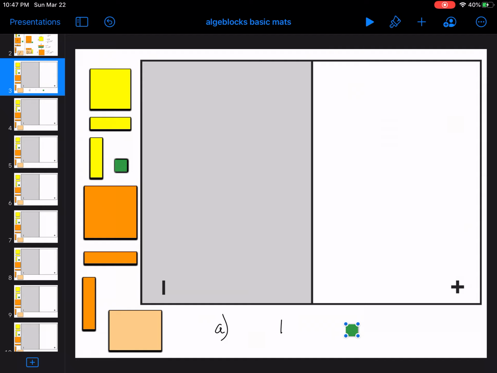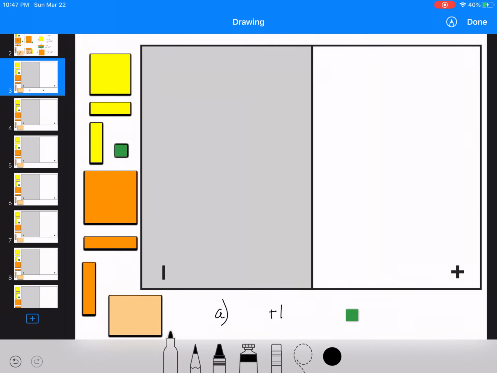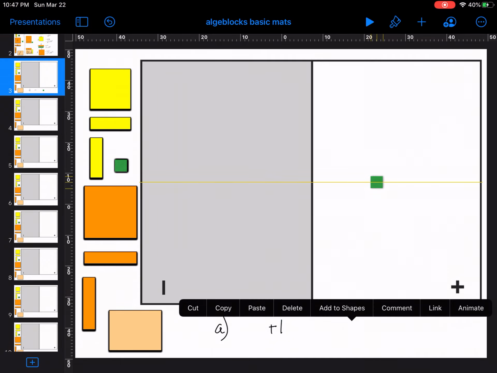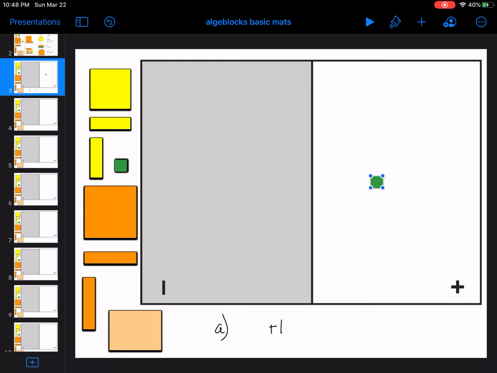And now we have a mat in front of us that has a plus and a minus next to it. You can use it vertically or horizontally, it doesn't really matter, but the shaded region represents a negative and the non-shaded region represents a positive. So if we're trying to model 1, the implication is that we need to model a positive 1. So let's model a positive 1, and that will show up here.